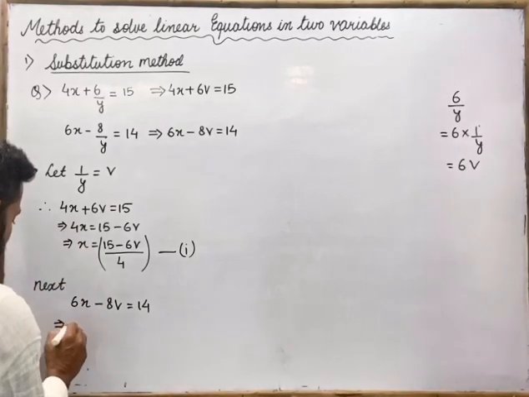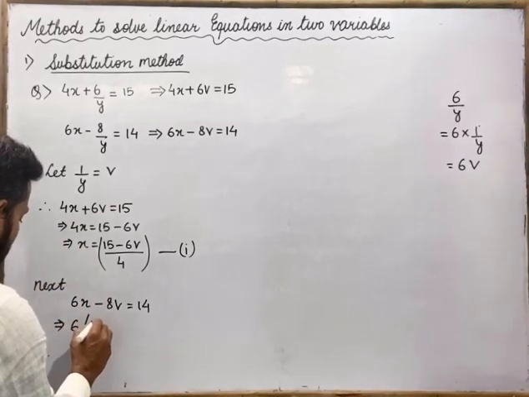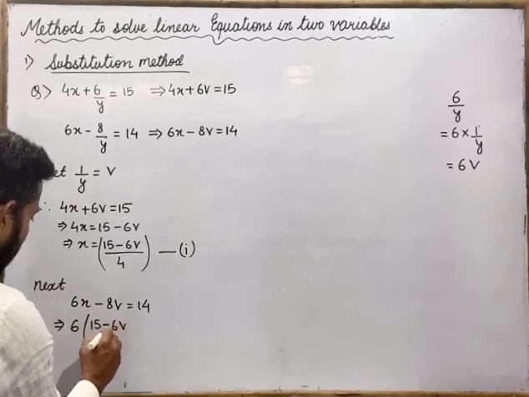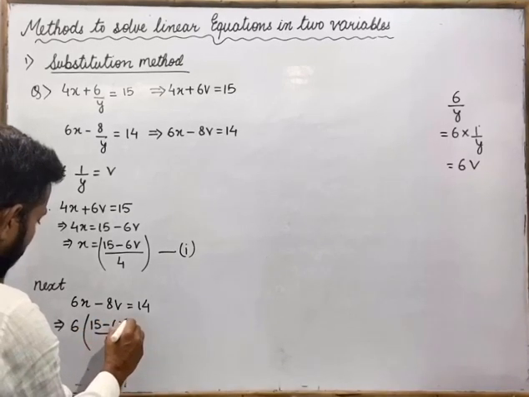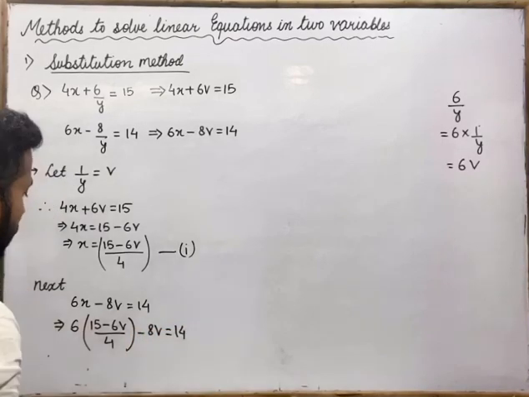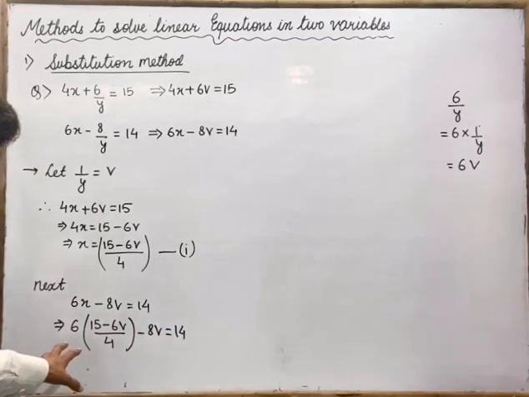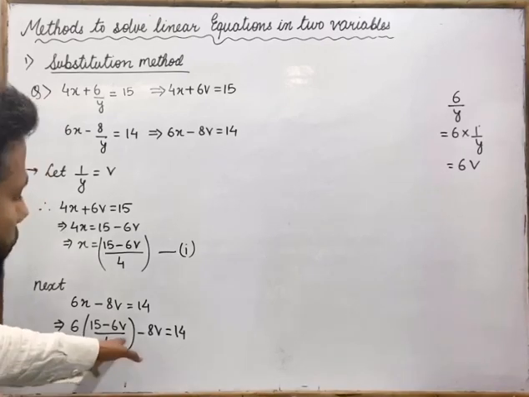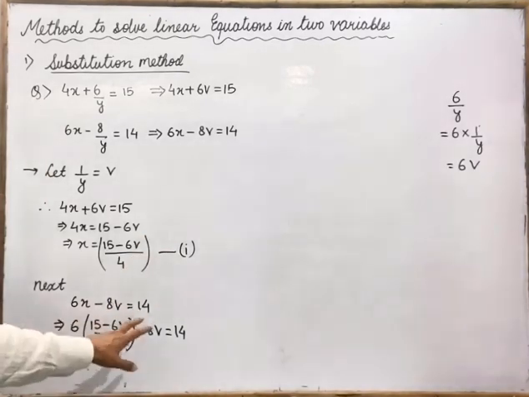So it becomes (15 minus 6v) by 4 into 6, minus 8v equals 14. Now from here I will tell you how to write the complete equation in one shot. You don't need to take the LCM, you don't need to do anything.